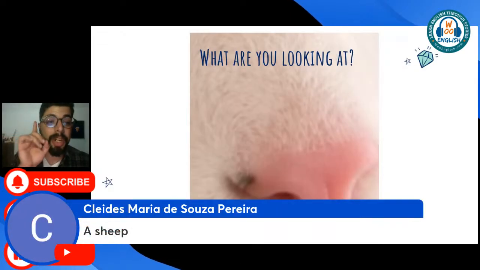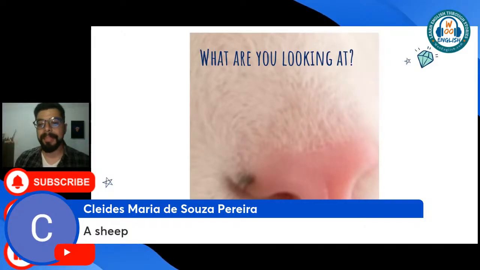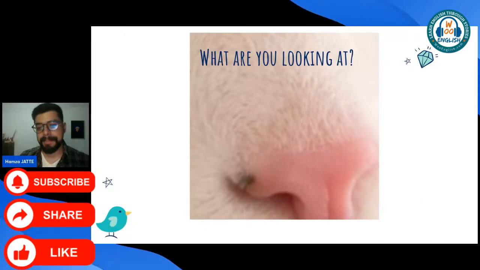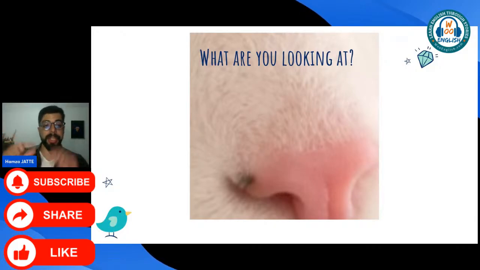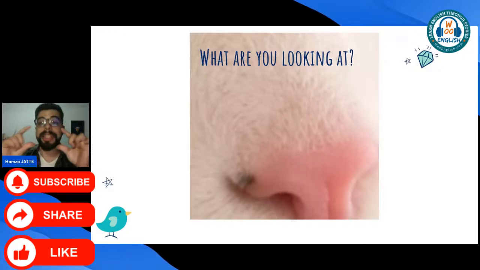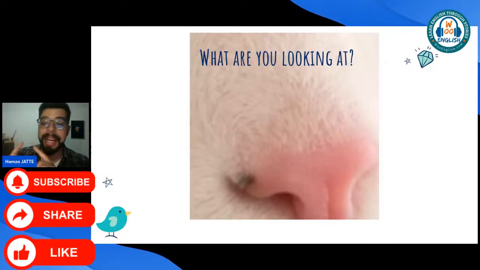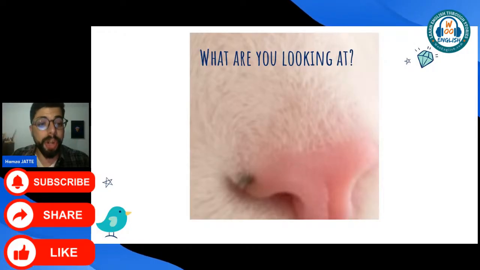Maria says what we're looking at on the screen is a sheep. Very nice guess. What about the rest of you guys? What do you think the rest of this picture shows? Because we are showing a small section of a whole picture. So, what does the whole picture show?